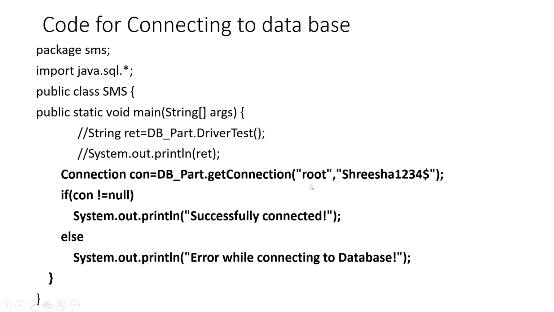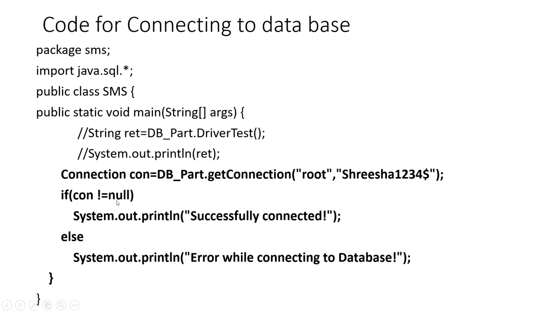I'm going to call it in the main program. This method is going to return the connection object. So I have to store connection equal to DBPart.getConnection. The username is root and the password is xyz. If the connection object is not null, that means it successfully connected, and that message can be displayed.